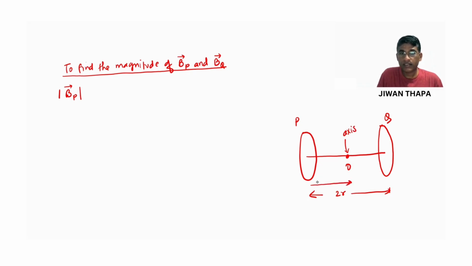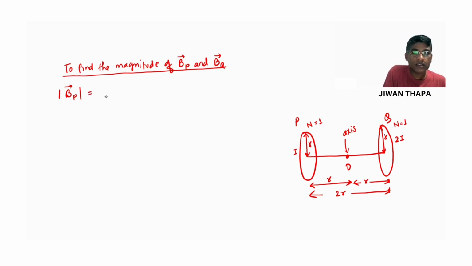So this distance is R and the radius of the coil P and Q is R. So we have this, okay? And it is carrying current I, and it is carrying current twice I, and the number of turn is 1, okay? The number of turn is 1.